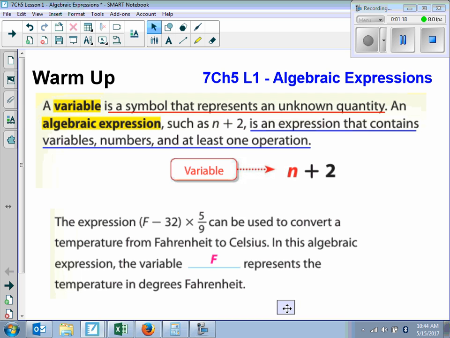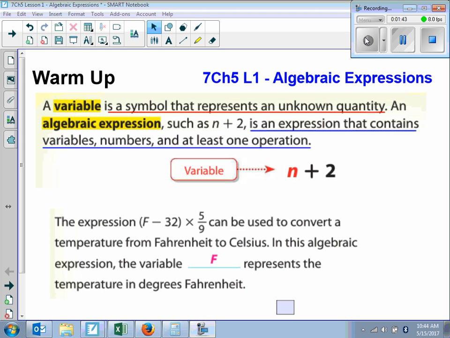That would be F. So F represents the temperature in degrees Fahrenheit. So normally when you have a formula like this that is specific to something, they will use variables that are meaningful. Okay, so F is for Fahrenheit. If Celsius was in there, C would be Celsius. Is everybody clear with that? Okay.